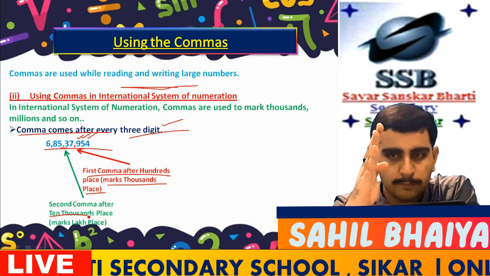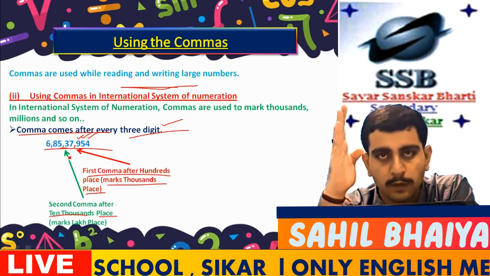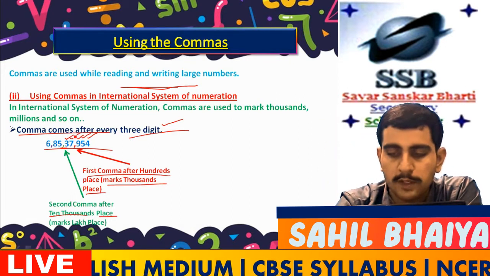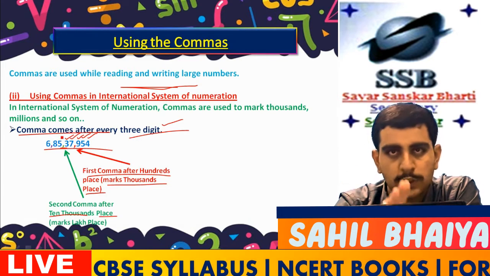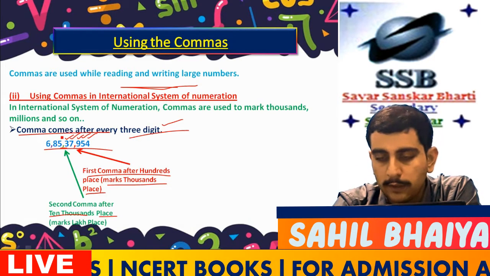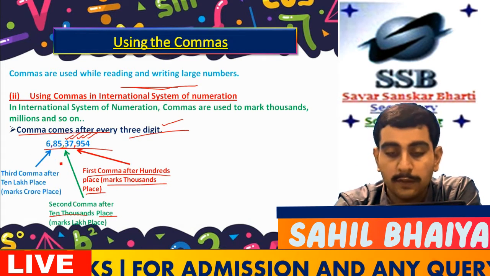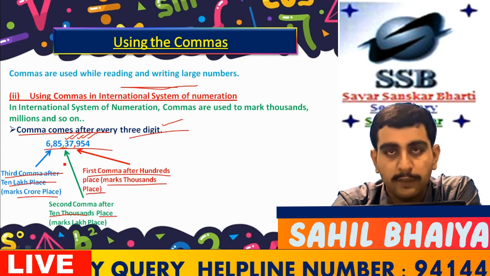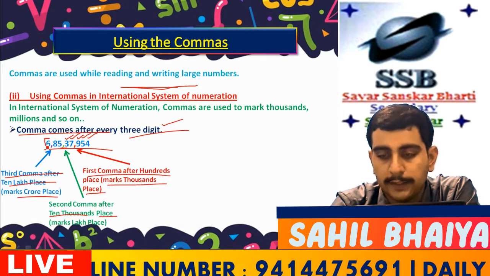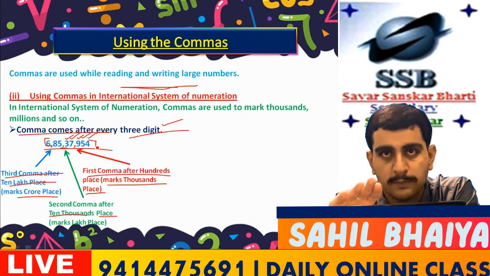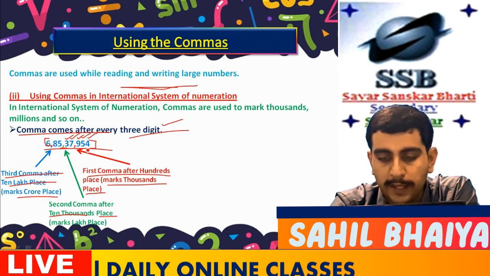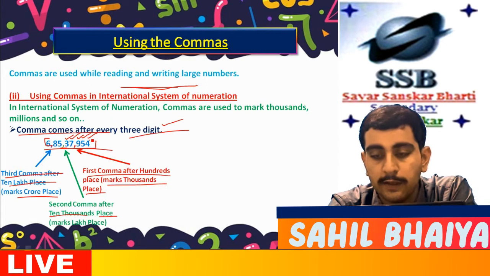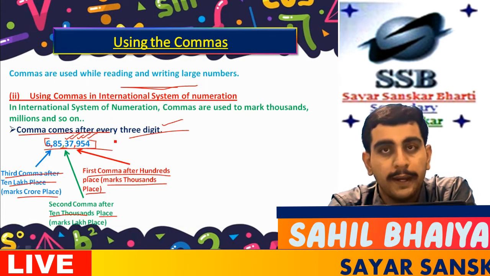Now we represent the same number according to the international system of numeration. You can see the first comma after the 100 place; there is no change in the first comma. After it, the second comma comes after 3 digits. In the Indian system on the left it comes after 2 digits, and in the international system on the right it comes after 3 digits. Next, the third comma after the 10 lakh place: here there is no third comma for an 8 digit number.